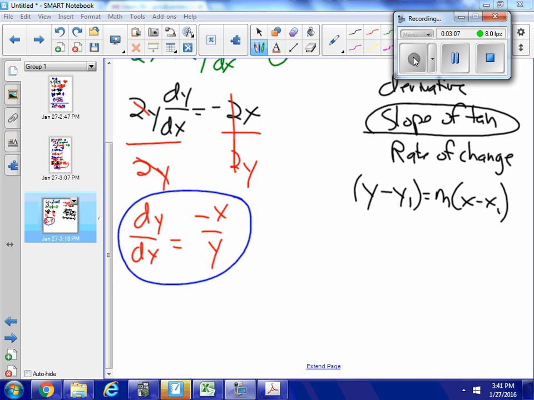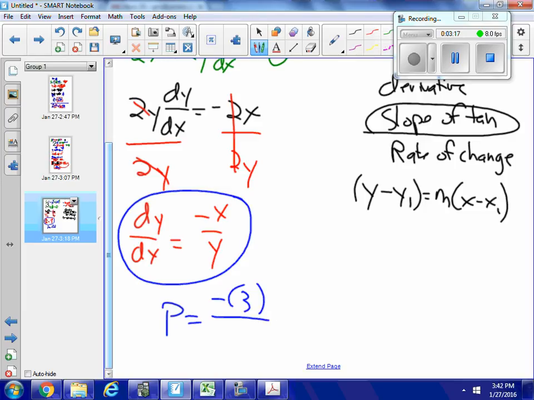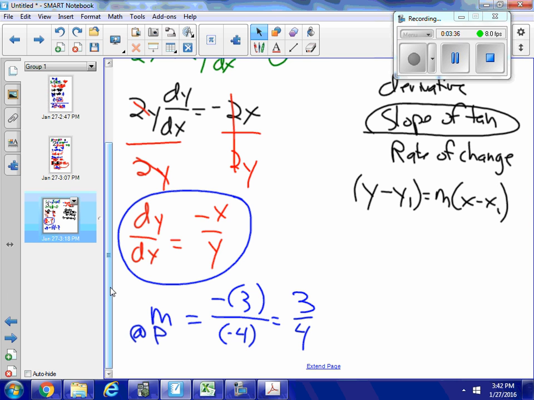Well, I have a point. The point I'm looking for is the point (3, -4). So the slope at that point is going to be equal to -3 divided by -4. In other words, the slope right there is going to be equal to 3/4. This really should be m: the slope at point P, m at point P, is equal to 3/4.